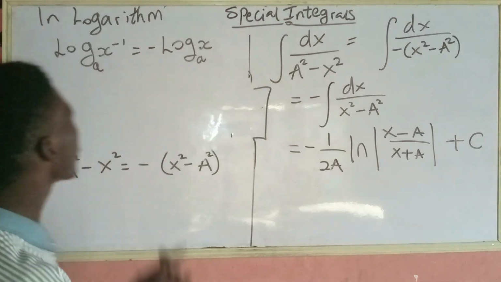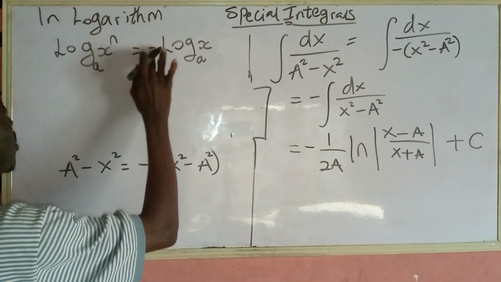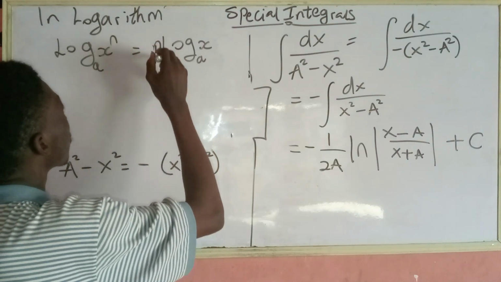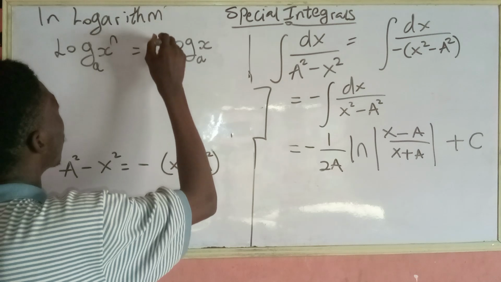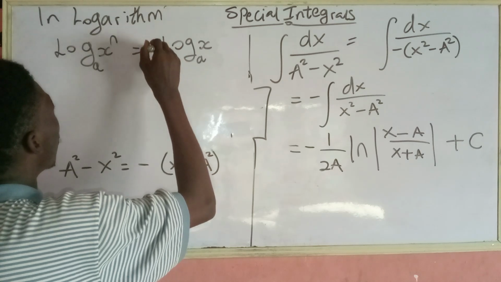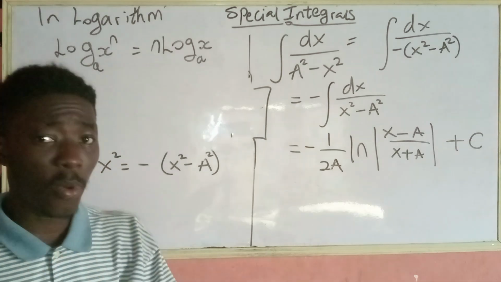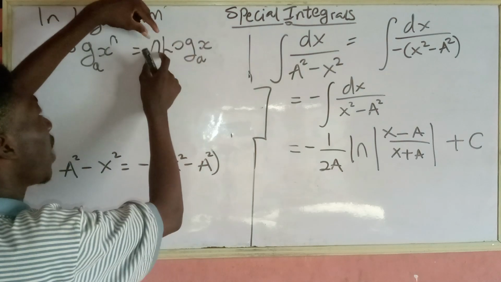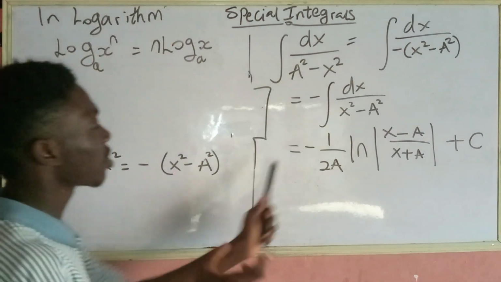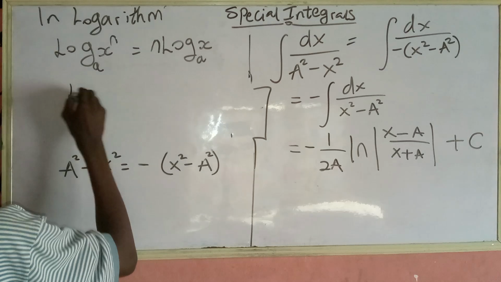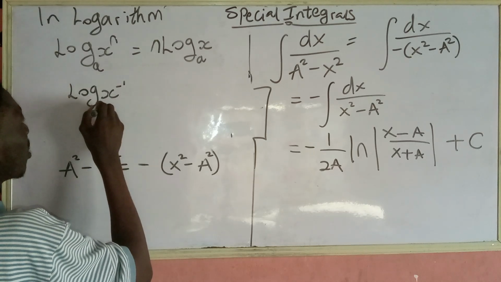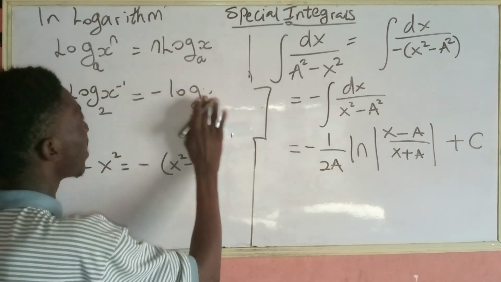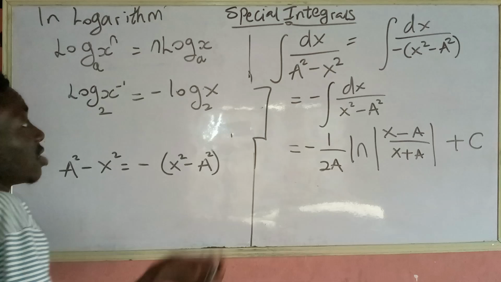In logarithm, you can bring, let me use n, to generalize it. In logarithm, you can bring a power to the front of a logarithm. So when you have a power on a logarithm, you can bring it to the front. The same works with minus 1. If I have log of x to the power minus 1, let's say base 2 for example, it's the same as minus log x base 2. They are both the same.